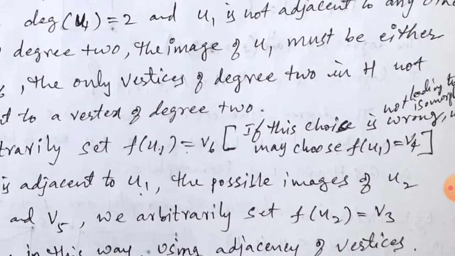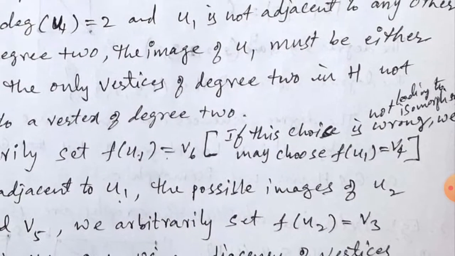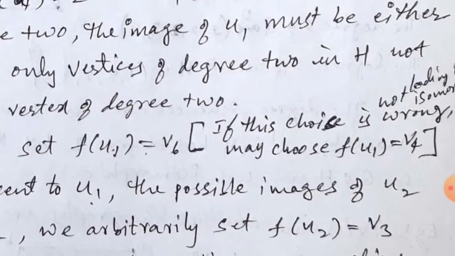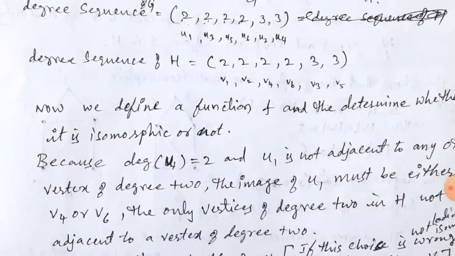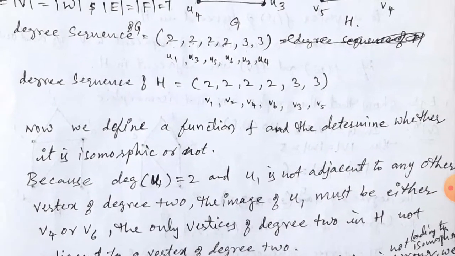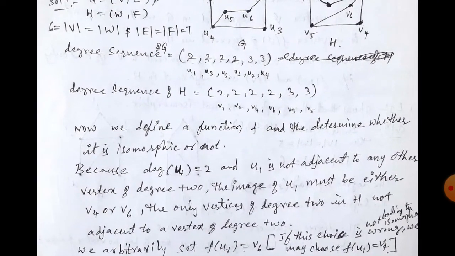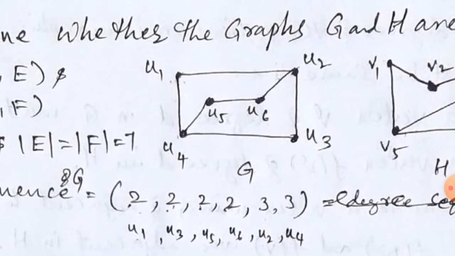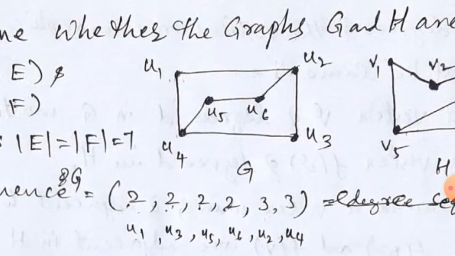If this choice is wrong, or leads to not isomorphic, you may choose f of u1 equal to v4. That means for the image of u1 you can choose v4 also. So why are we choosing u1 with either v4 or v6? u1 is adjacent to u2 and u4, having degree 3 each.